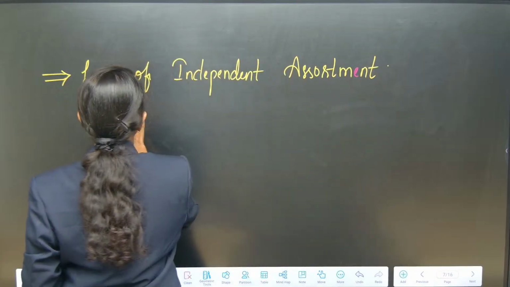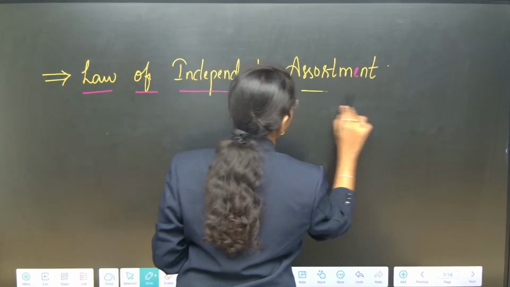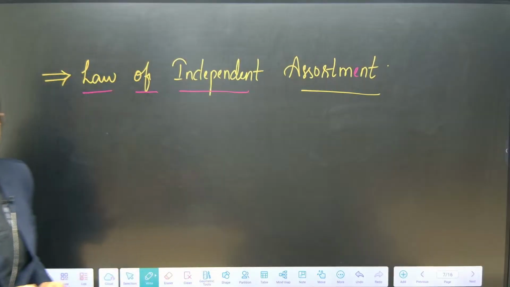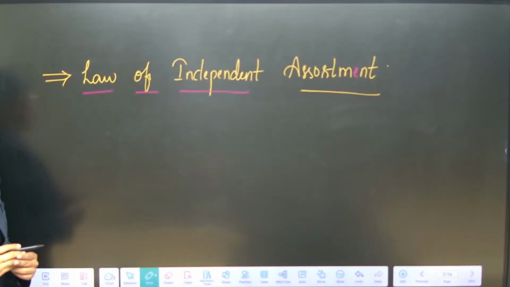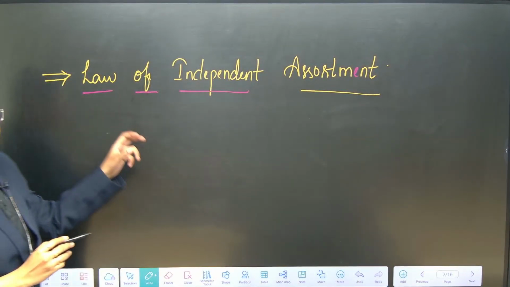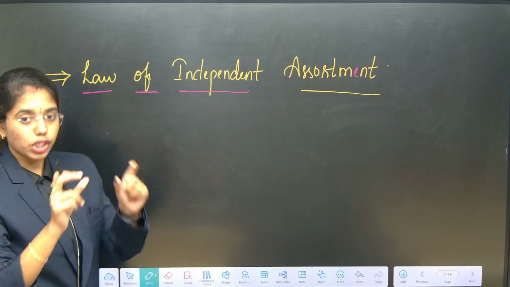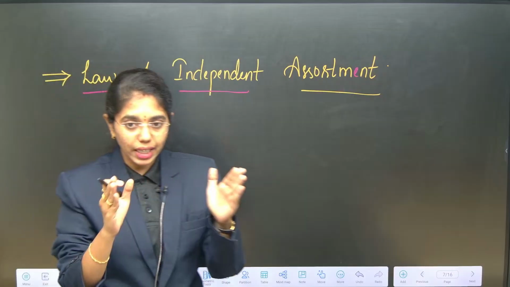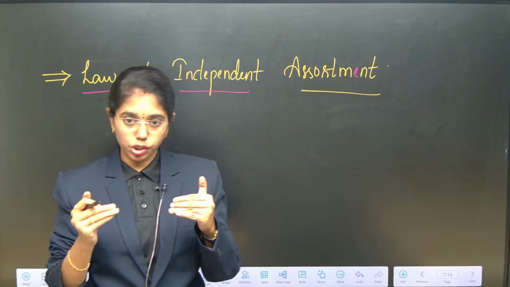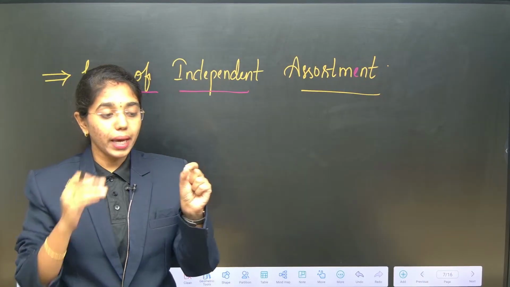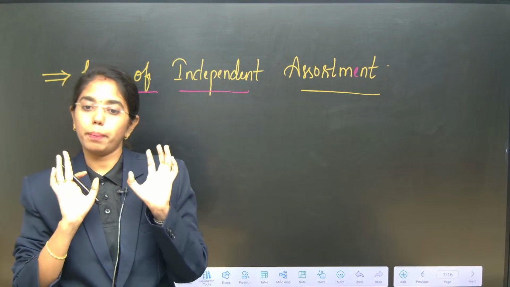So here, if you see the law of independent assortment, it is very clear that when 2 pairs of alleles or 2 pairs of genes or chromosomes are segregating or passing from one generation to the other, one pair is independent of the other pair.